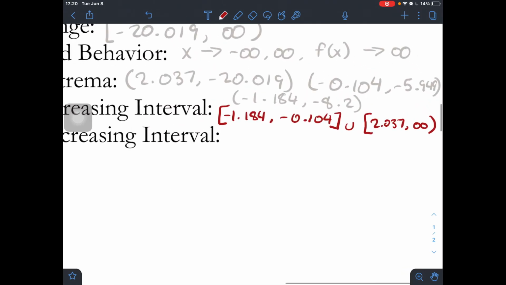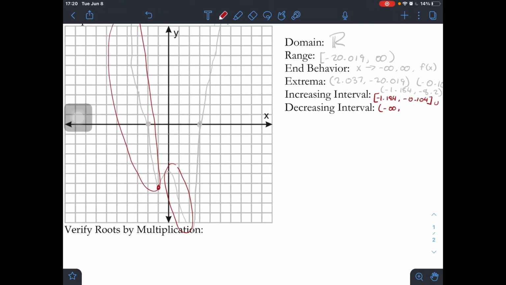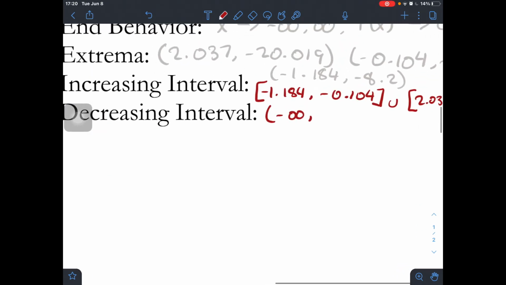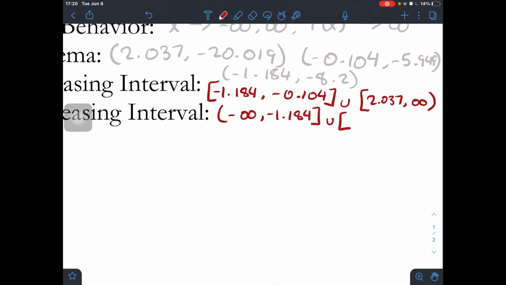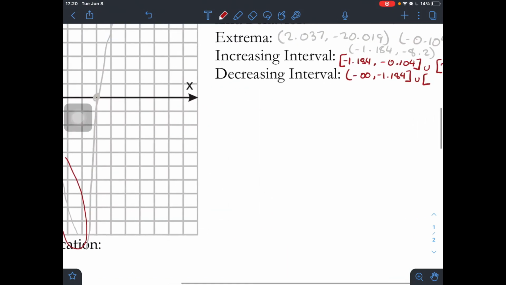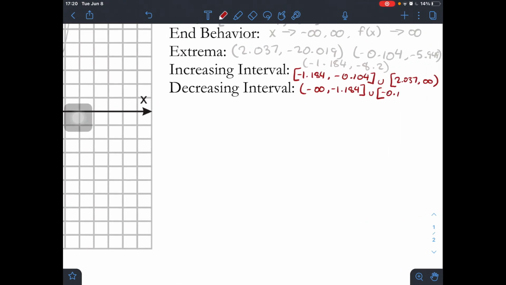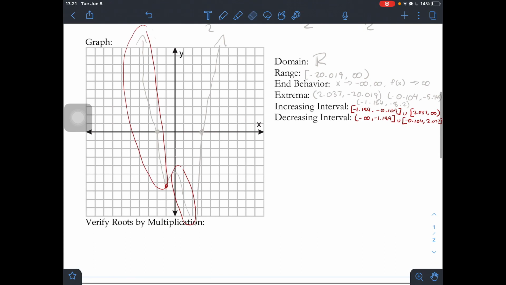So the first one would be from -infinity all the way to this point right here, which is -1.184, as well as this smaller bit right here, which goes from roughly -0.104 to 2.037. Alright, and let me just erase this.